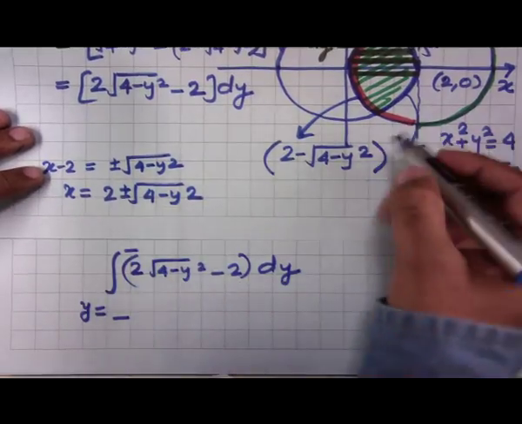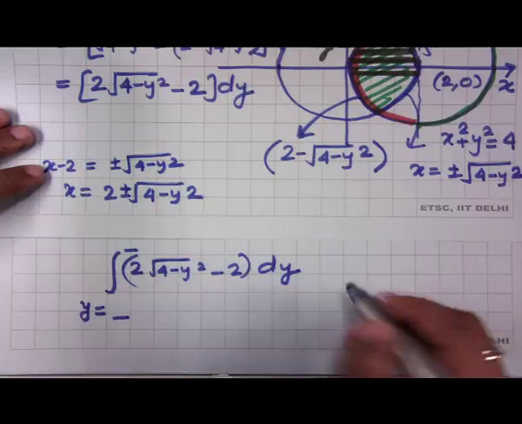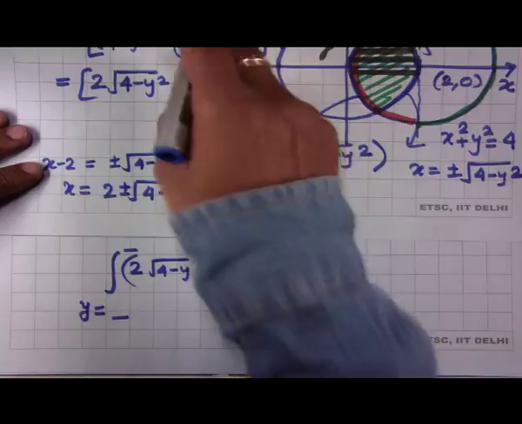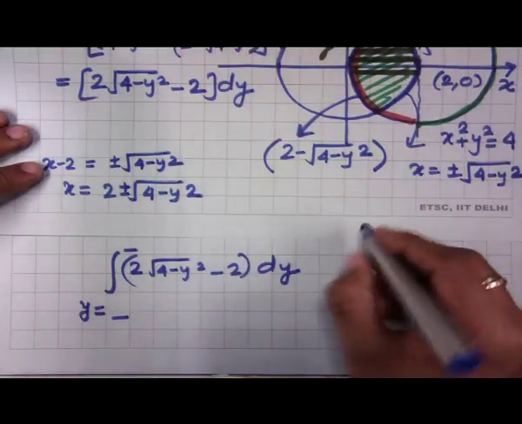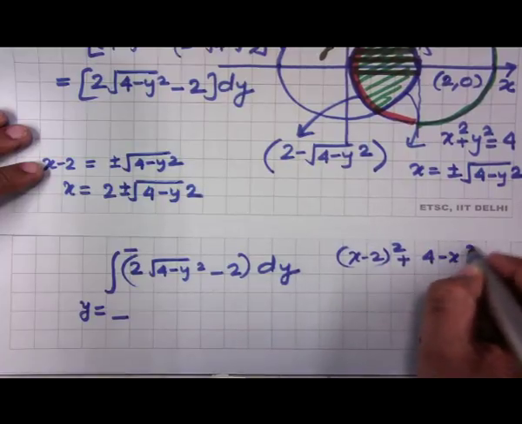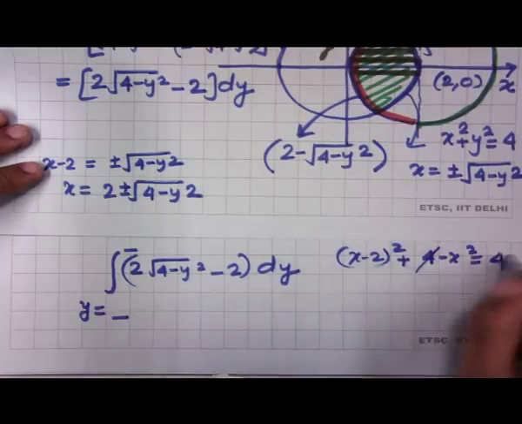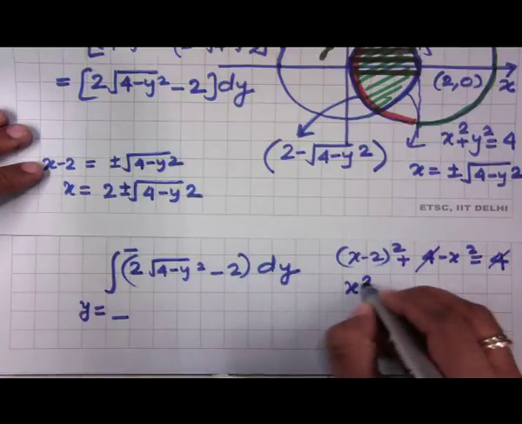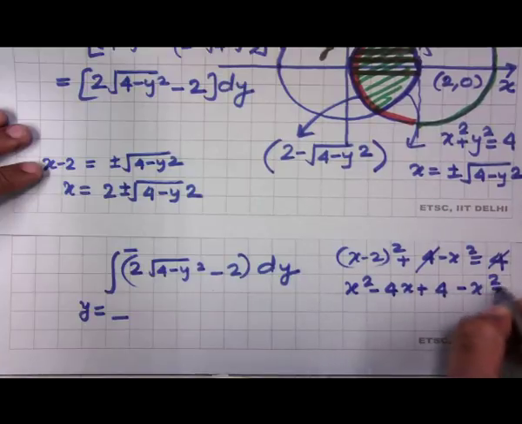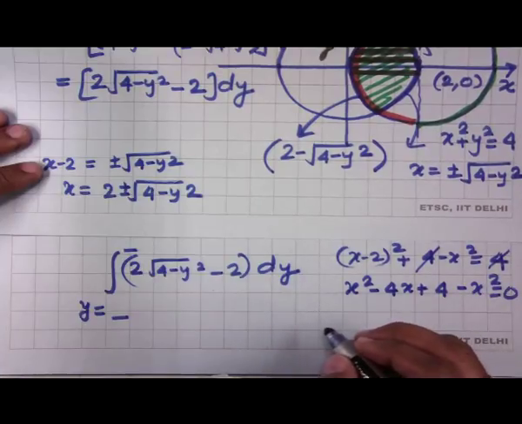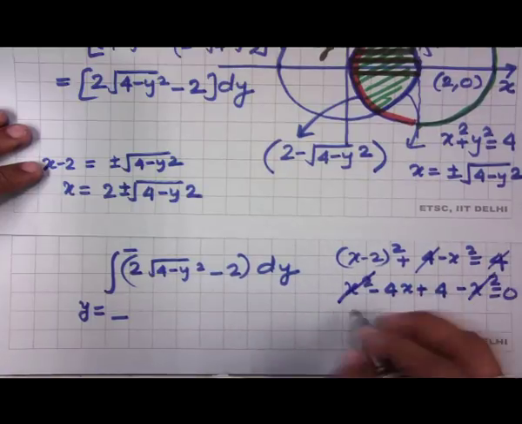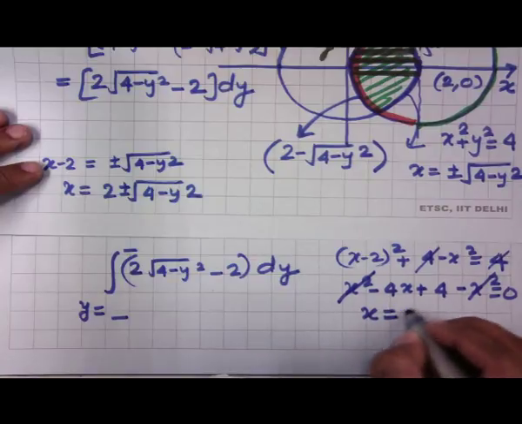Again, we need to solve the equations of both the circles to get this limit. So, to solve that, if we put y square equals to 4 minus x square over here, we get the point of intersection. So, x is 1.